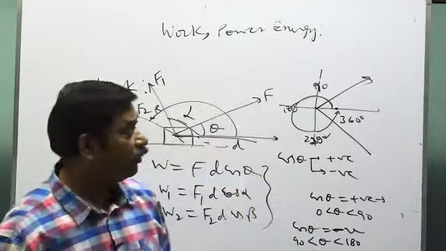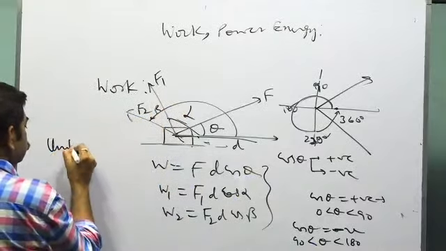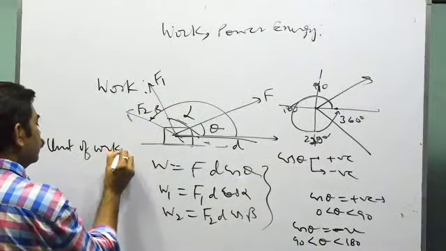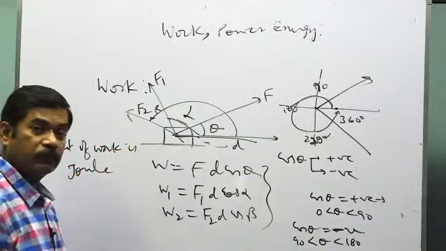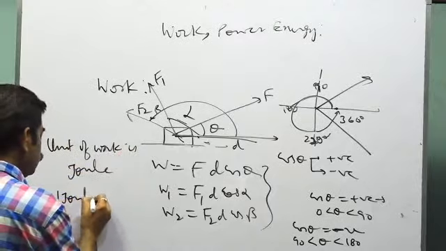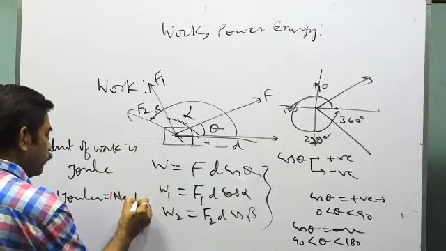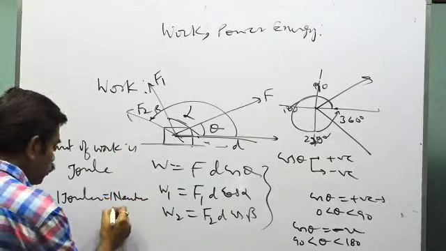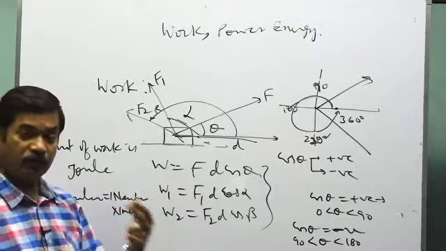The unit of work is joule. So 1 joule means a force of 1 Newton acting on a body, causing a displacement of 1 meter in the direction of force.